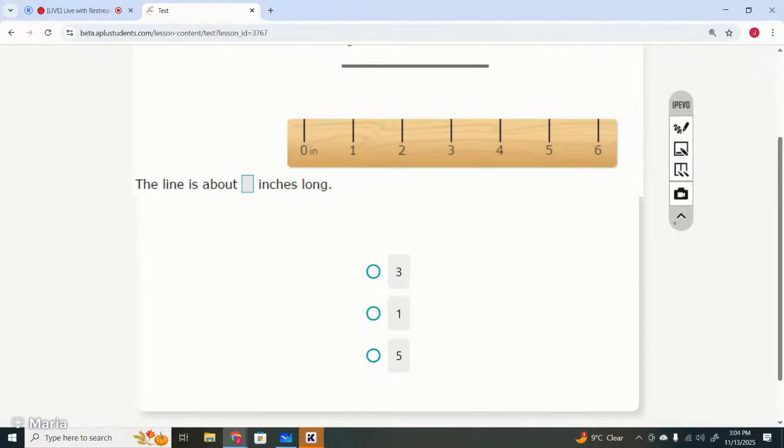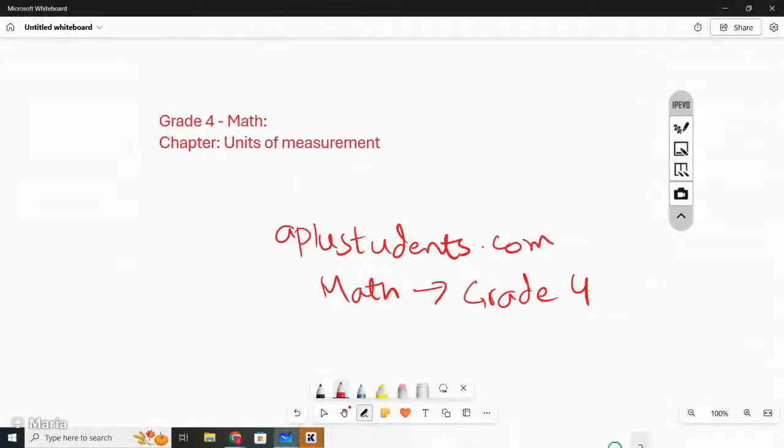The correct option is 3 inches. Option number one is the correct option.